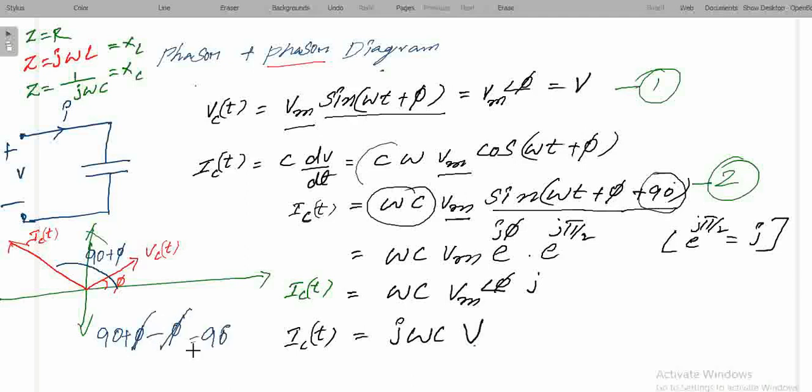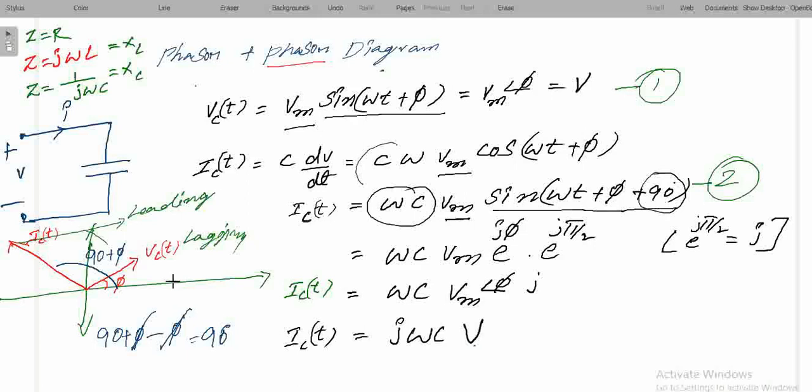It means that in capacitor, again compare with respect to this vector, this is in anti-clockwise direction. So here we can write this is lagging and this is leading.